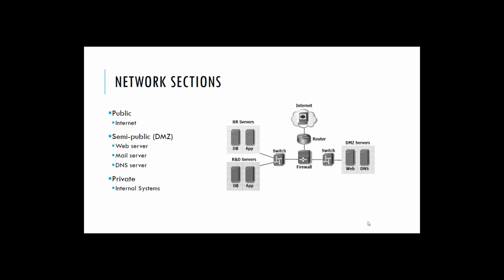And we have the third section, which is the private internal system, which is composed of the HR servers, the R&D servers, the employees, the people working in the organization, the data, the assets of the company, and the workstations, the machines that need to be connected to the internet, to surf the internet, to send and receive email, to search the internet on Google or something, and at the same time it is the assets that need to be preserved, kept and protected from internet attacks.